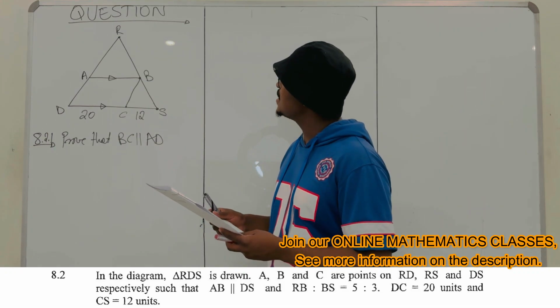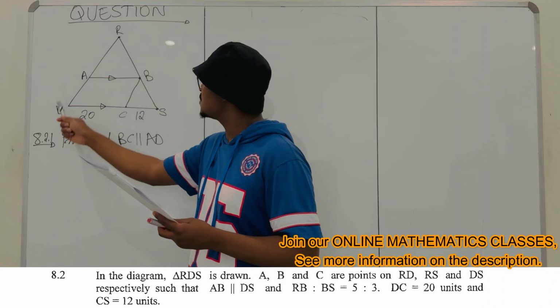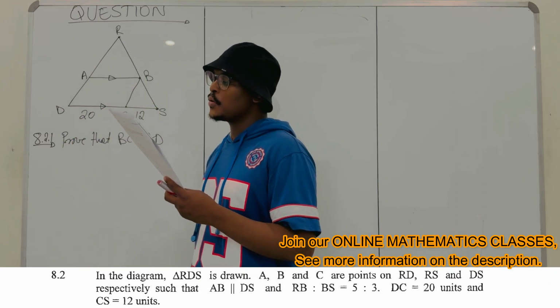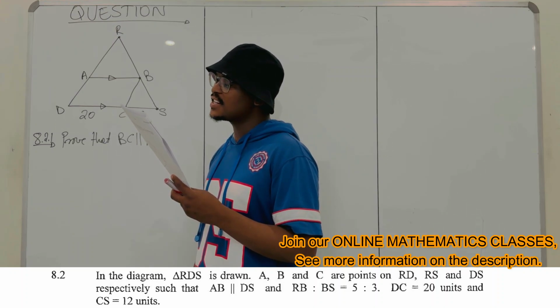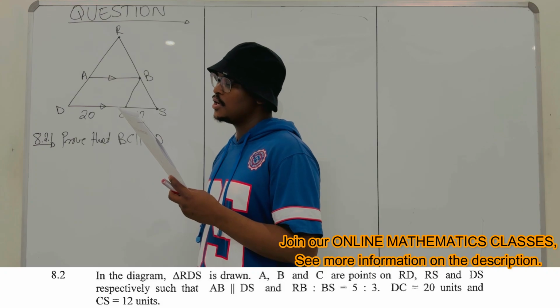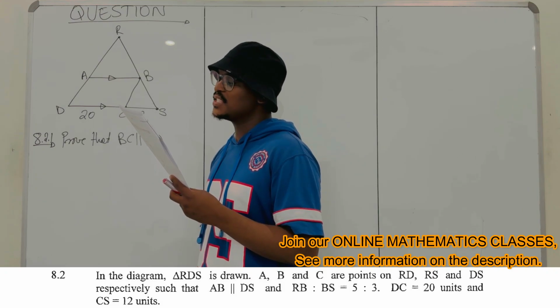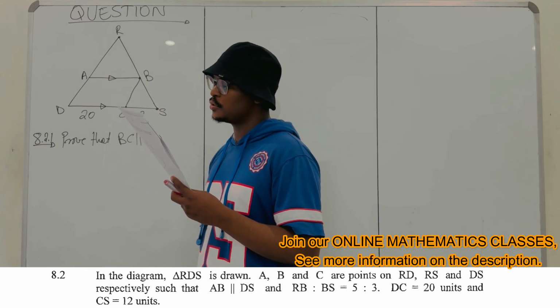So they are saying in this diagram, triangle RDS is drawn. You can see this big triangle here. They wanted to say that A, B, and C are points on RD, RS, and DS respectively, such that AB is parallel to DS, and the ratio of RB to BS is 5:3.